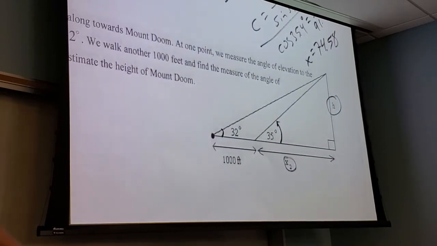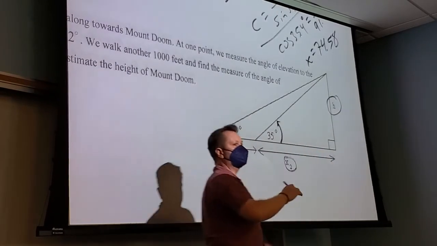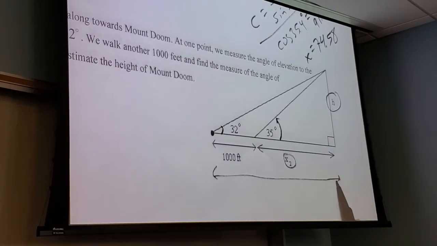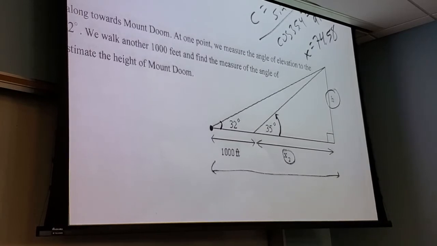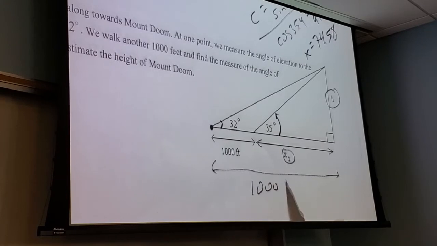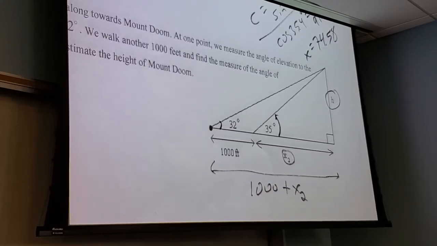There's a big right triangle, and there's a smaller one. Okay. So for the big one, what is this side? What's that total length? 1,000 plus x2. I don't know why I call it x2. I just did.